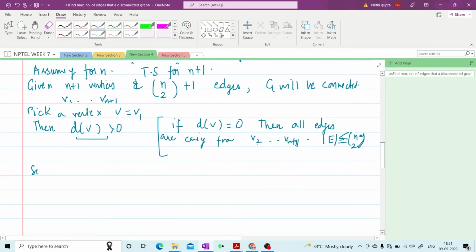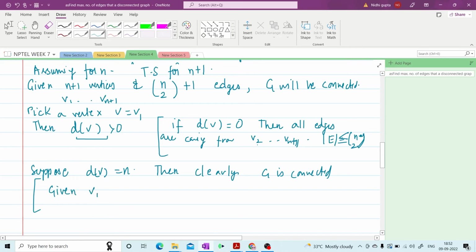Now suppose the degree of V is equal to n. If the degree of V is equal to n, then clearly G is connected. Because given V1, V2, if the degree of V is equal to n, V is incident to every other vertex.